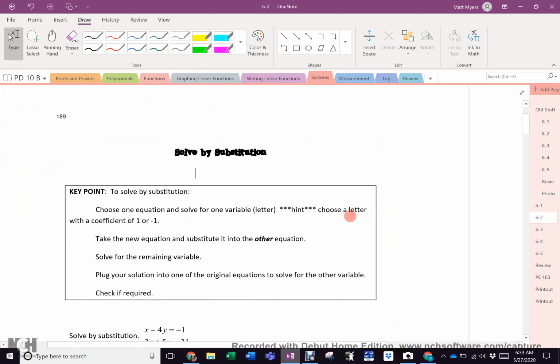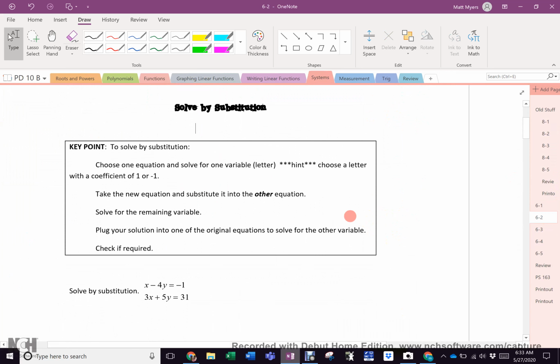So here we are on page 189 or page 174. And we already practiced last day. We worked on solving by graphing. We remember what we did is we always had two lines, and we graphed one using slope-intercept form, and then we graphed the other using slope-intercept form, and where they crossed was the solution.